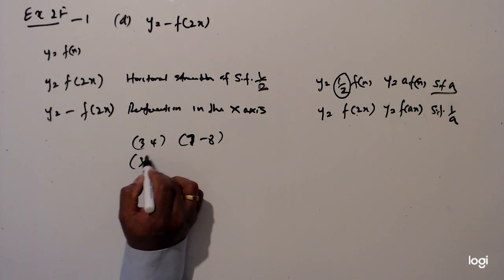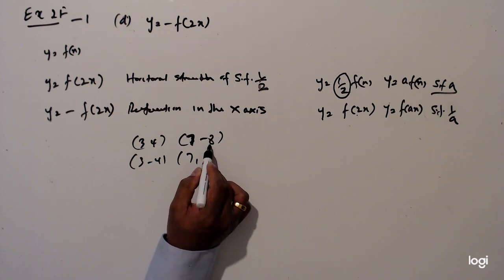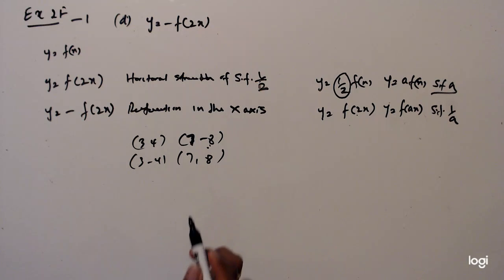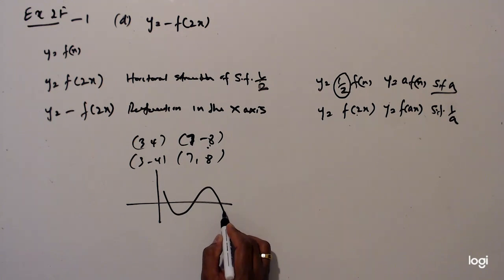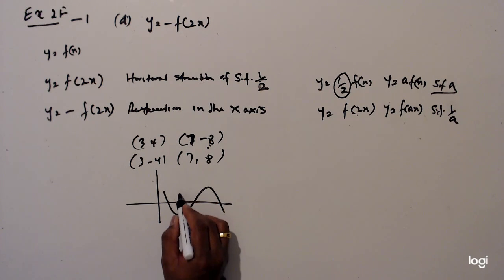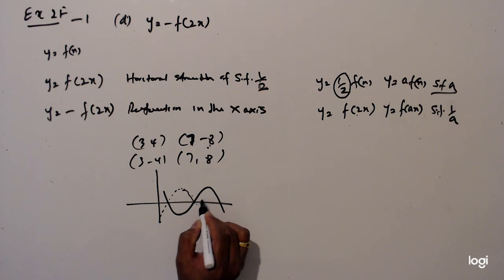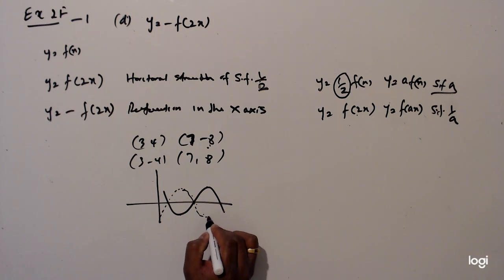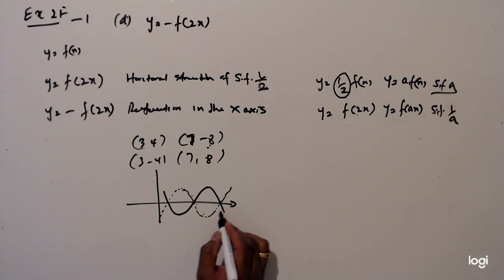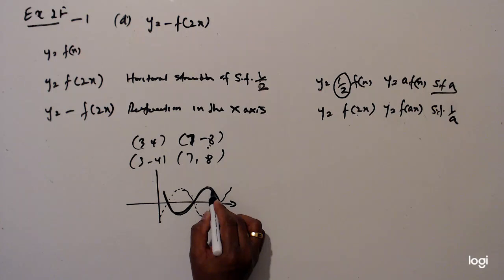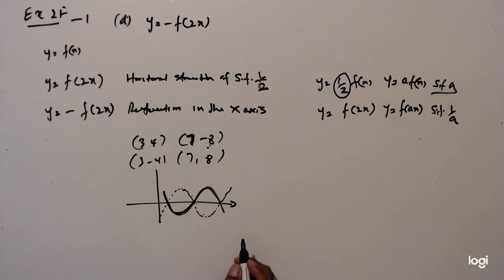So 4 becomes minus 4 and minus 8 becomes 8. So this is called reflection. If it is like this, the original graph, then minus becomes plus and plus becomes minus for the y values. So this is the reflection of this graph along the x-axis.